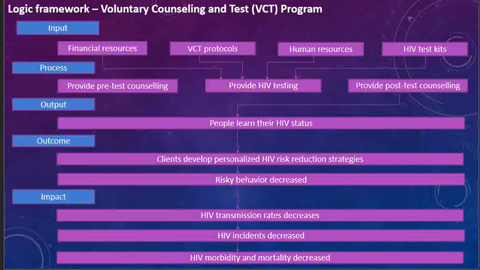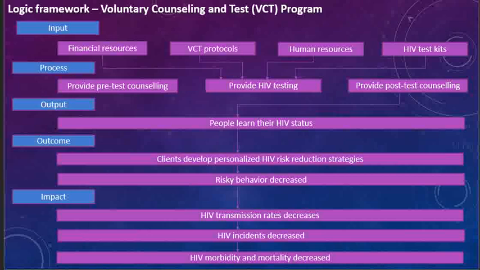Another example, the wider one, which you can have, is a VCT program where you have inputs like human resources, the personnel providing the testing. VCT protocols, you have to have the protocols in place. Human resources, we have financial resources, we have HIV test kits.